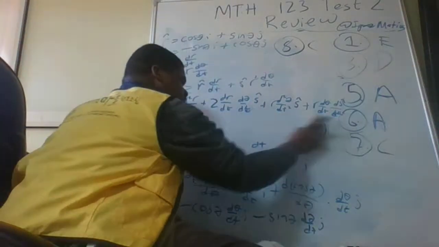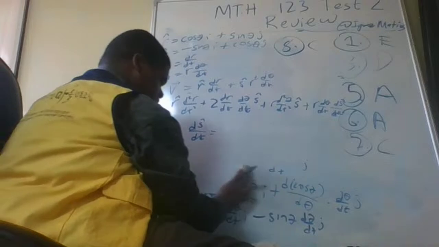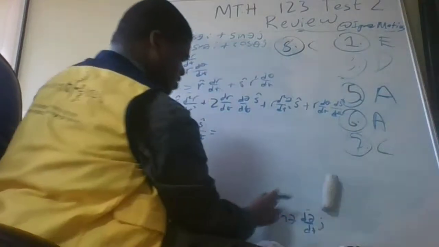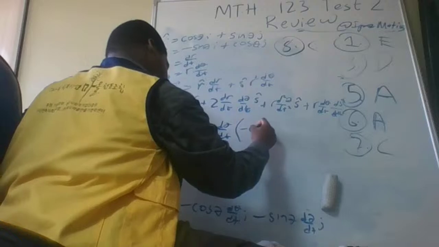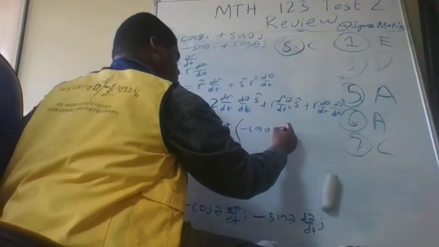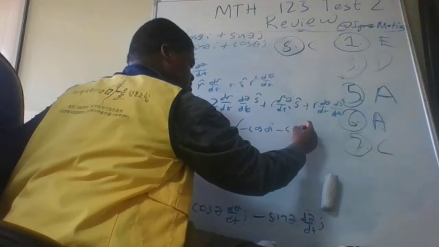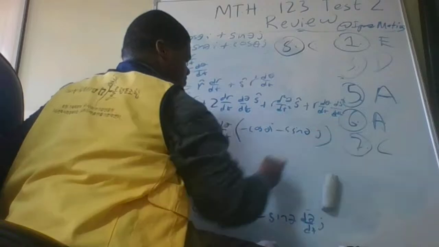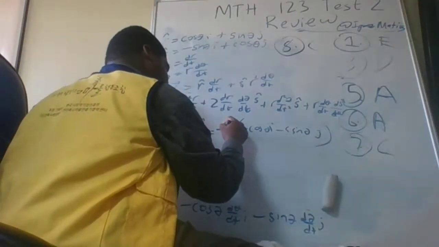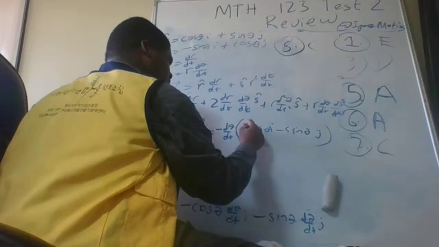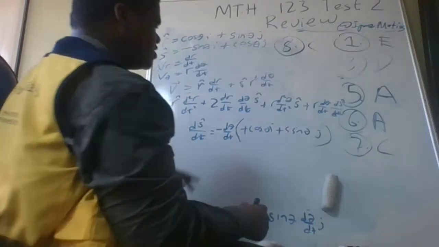So the derivative of the transverse vector is simply, let's start out with dθ/dt. You have dθ/dt here times minus cos theta i minus sine theta j. If you factor out minus 1 again, you are going to have minus dθ/dt times cos theta i plus sine theta j.